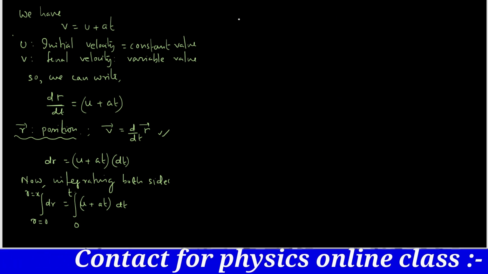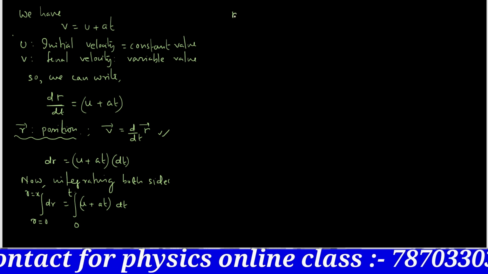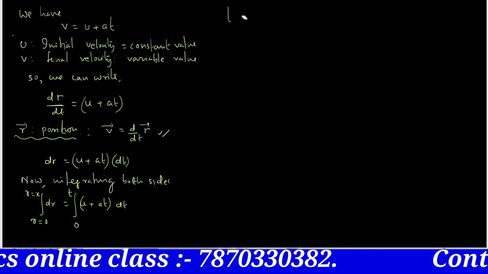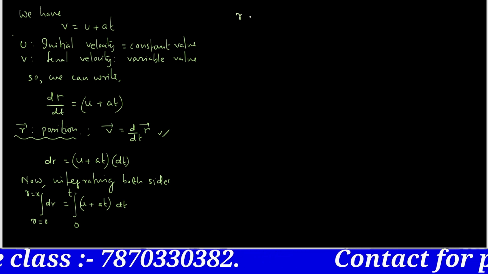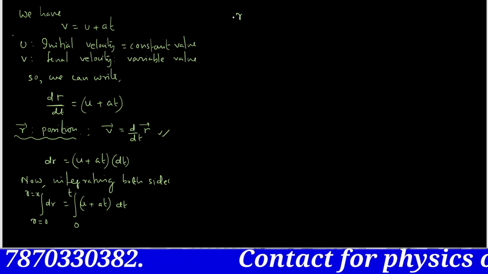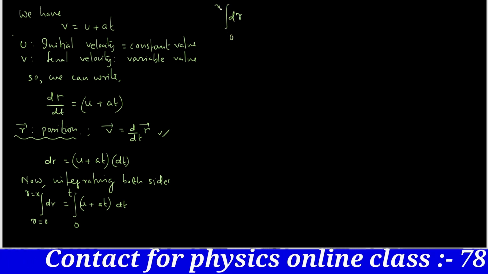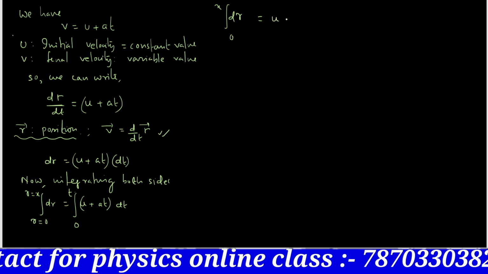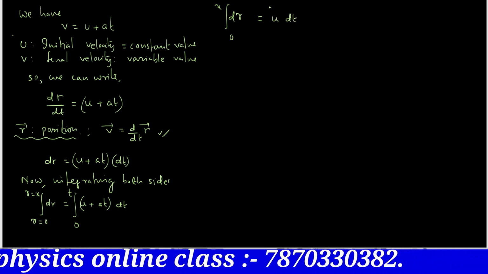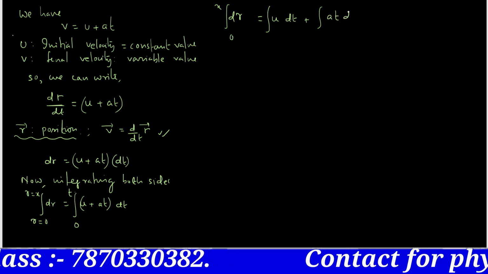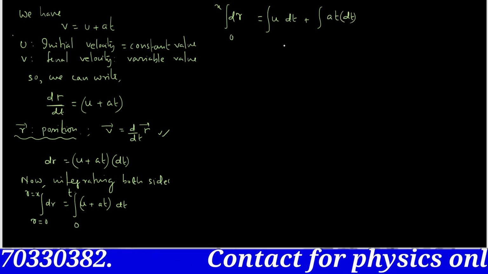Now next we have, suppose, integral dr from 0 to x, and here you can write this as integral u dt plus integral a into t dt.